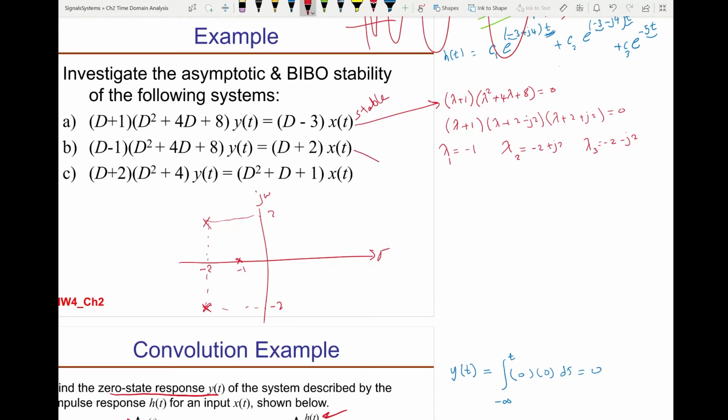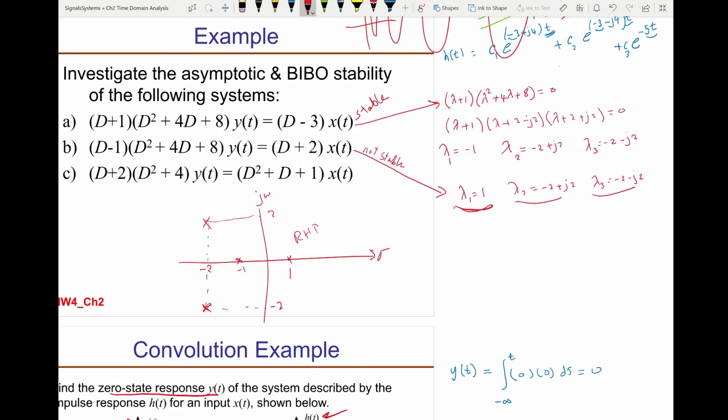How about this one? Again, you find the characteristic equation and the characteristic root, and you will find lambda 1 equal 1, lambda 2 equal minus 2 plus j2, lambda 3 equal minus 2 minus j2. Now, we don't even have to find this because here we have a problem. There is a characteristic root at 1 in the right-hand plane, and that means this is not stable, internally unstable.